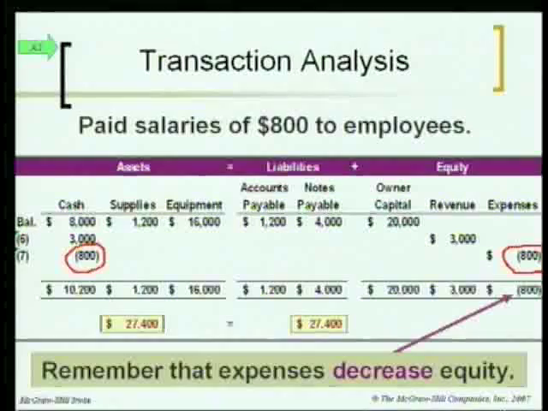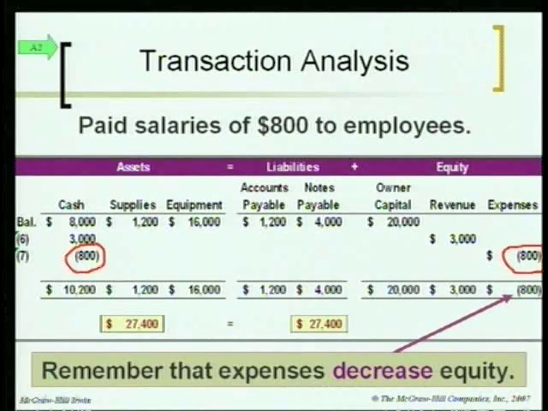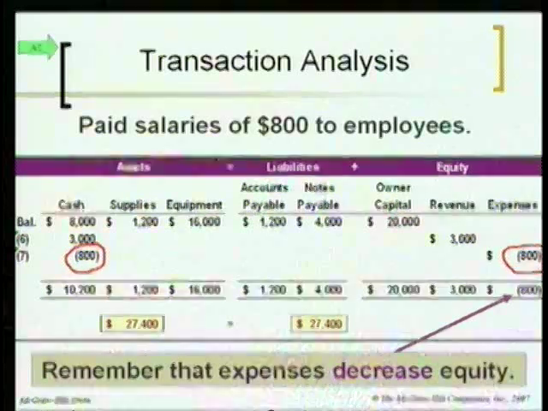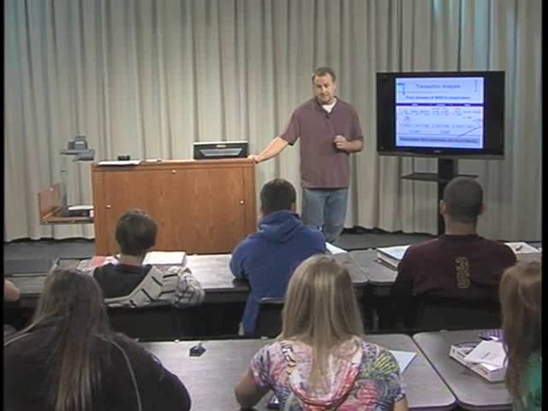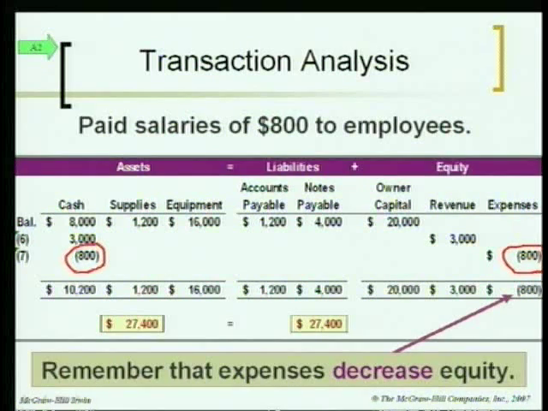However, when you look at the way that this format is shown, it looks like expenses are actually decreasing. They're not. Expenses are increasing. It's just that expenses are subtracted in arriving at your total equity. Does that make sense? So I wish they would have just shown this as plus here, but recognizing that eventually you're going to do this right here. So as expenses go up, your equity goes down.